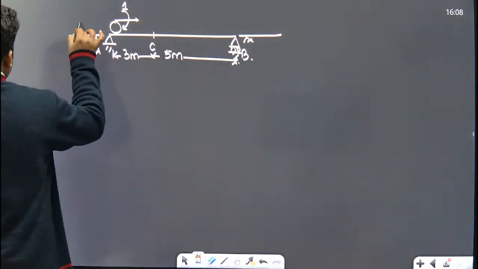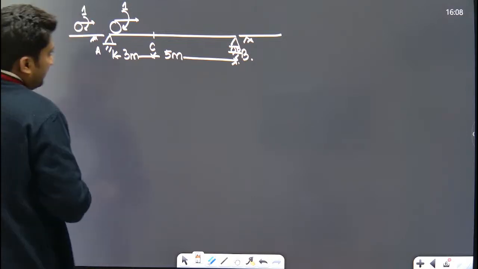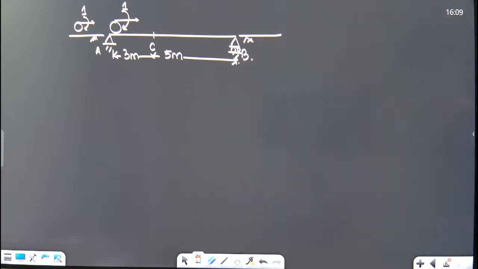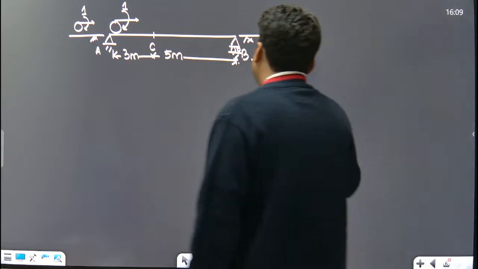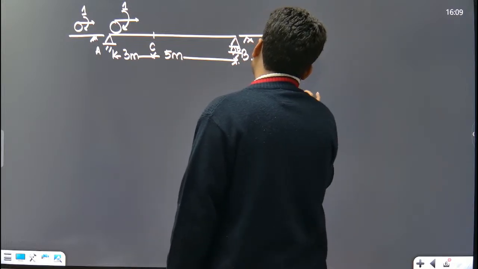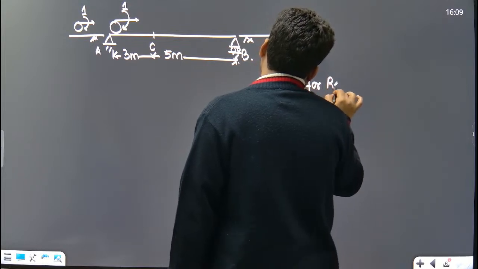First we need to draw the ILD for reaction at A.